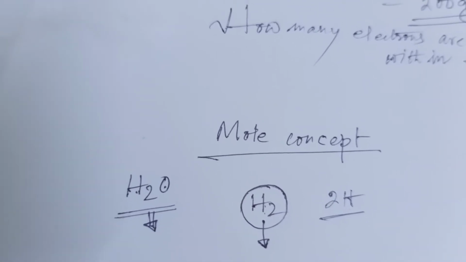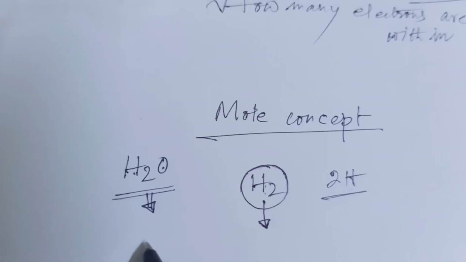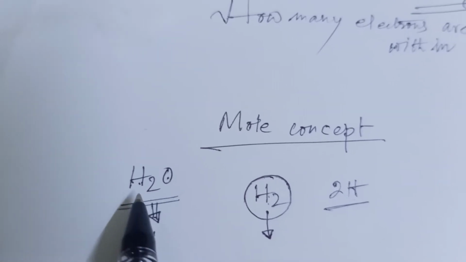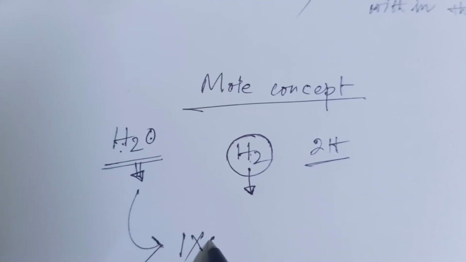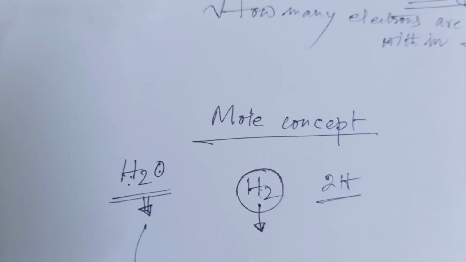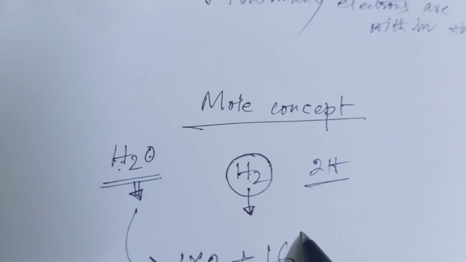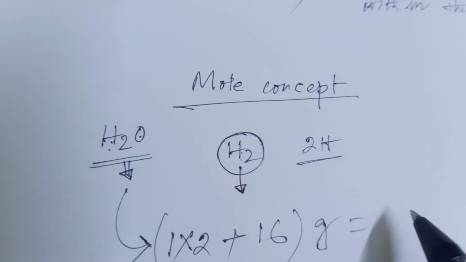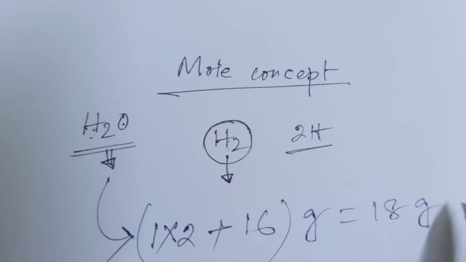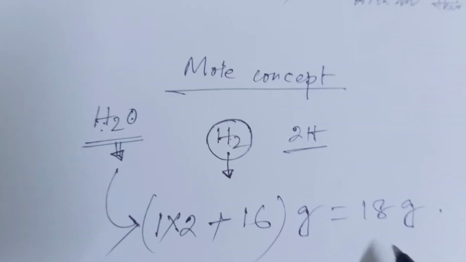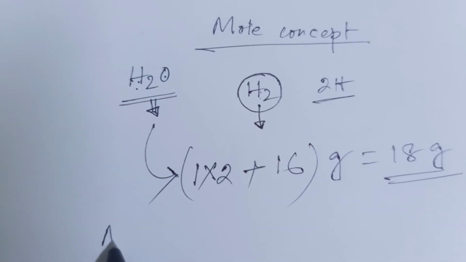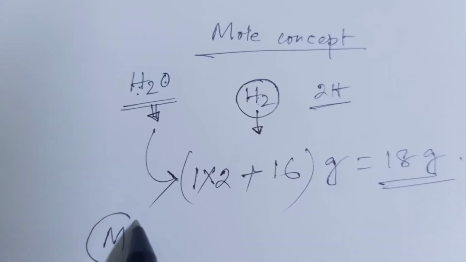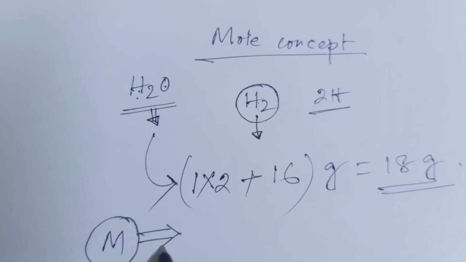And the molecular weight of hydrogen is 1 gram, so 1 gram into 2, plus for oxygen 16 gram, so total equals 18 gram. So 18 gram is the molecular weight, and this is the basic concept.